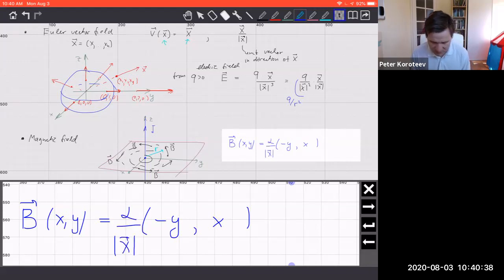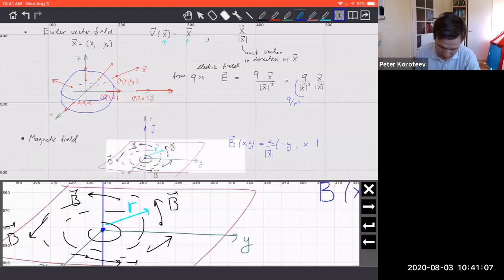Now, to which power should we put it, right? How quickly does the magnetic field decay as you move away from the current? It should be weaker if you move away, say, twice the distance, right?